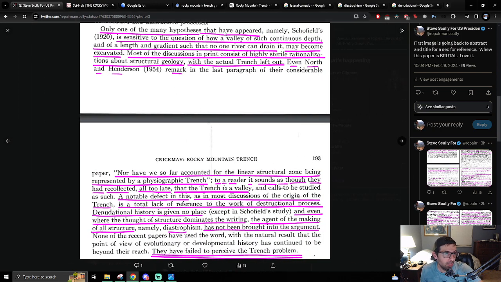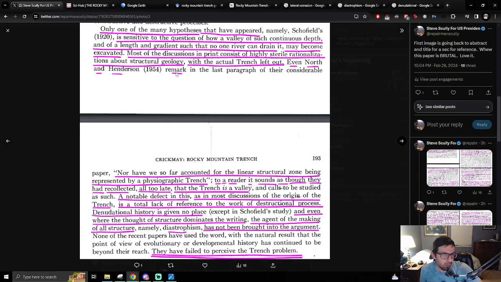Only one of the many hypotheses that have appeared is sensitive to the question of how a valley of such continuous depth and of a length and gradient such that no one river can drain it may become excavated. Most of the discussions in print consist of highly sterile rationalizations about structural geology, with the actual trench left out.